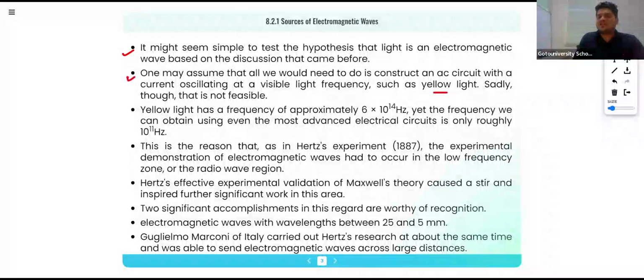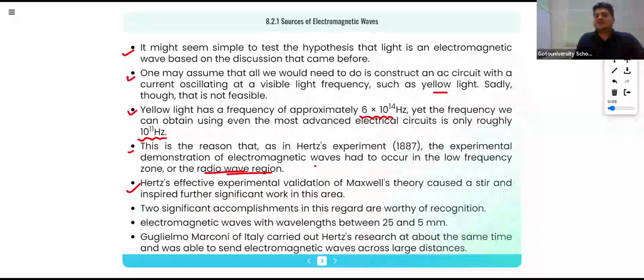Yellow light has a frequency of approximately 6 × 10^14 hertz. Even the most advanced electrical circuits reach only roughly 10^11 hertz. That is the reason that, as in Hertz's experiment, the experimental demonstration of electromagnetic waves occurred in the lowest frequency zone, the radio wave region.